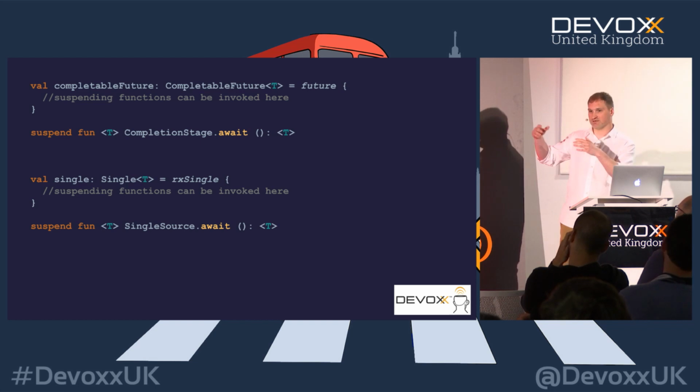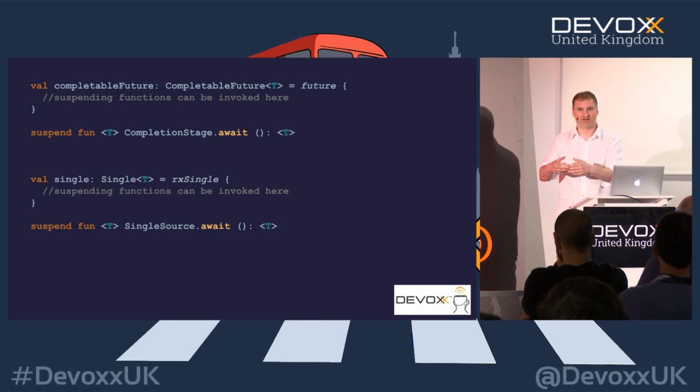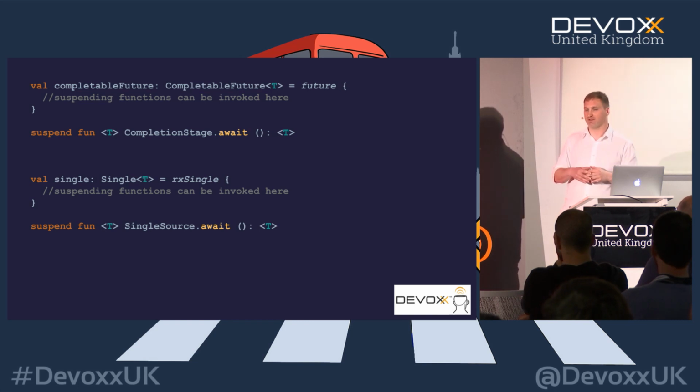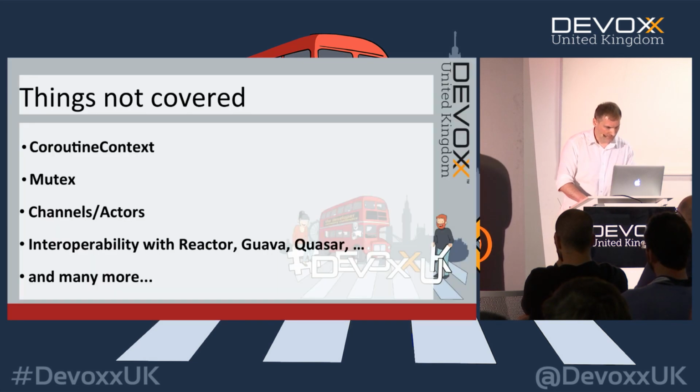And there are many more libraries like these which allow you to interoperate with things like Project Reactor or Guava or Retrofit. There are a lot of them, and you can also write your own. So there are a few things which have not been covered here.